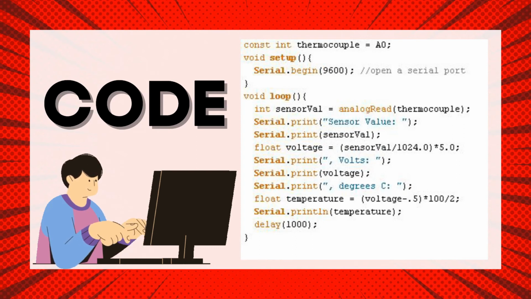The reason for this is that Arduino has automatically converted the sensor's output voltage into digital form. To read the sensor's actual voltage output, divide the sensor's value by 1023 and multiply it by 5.